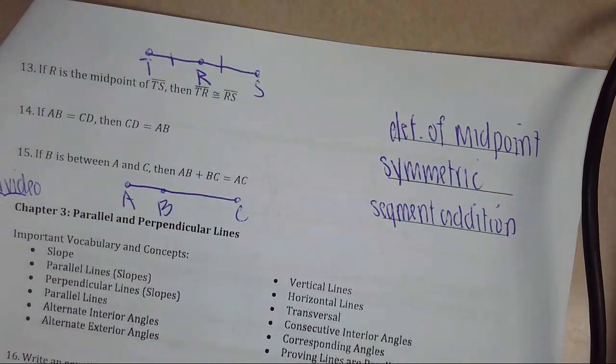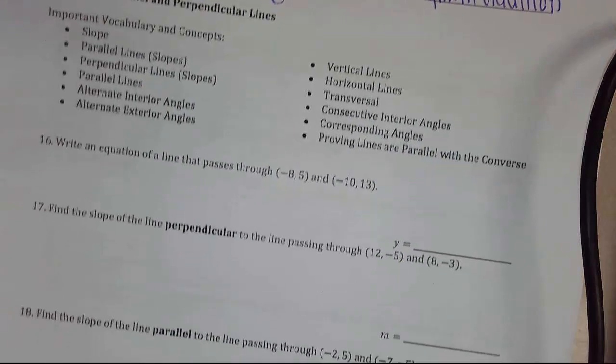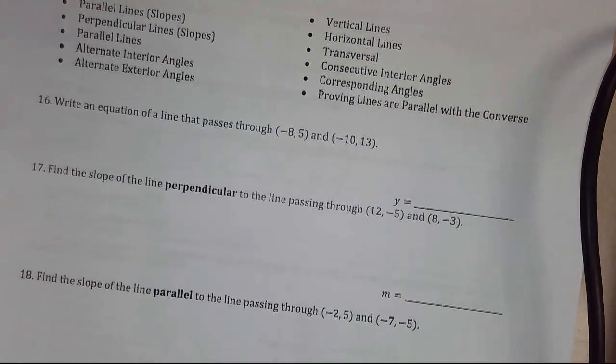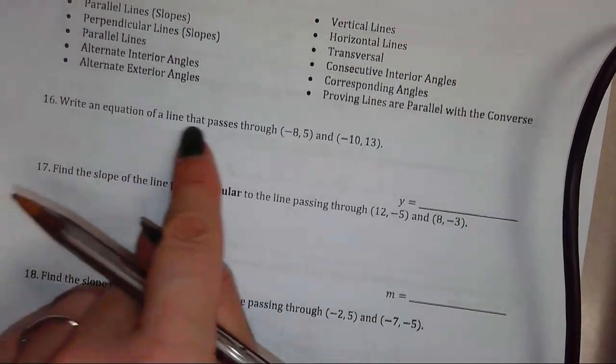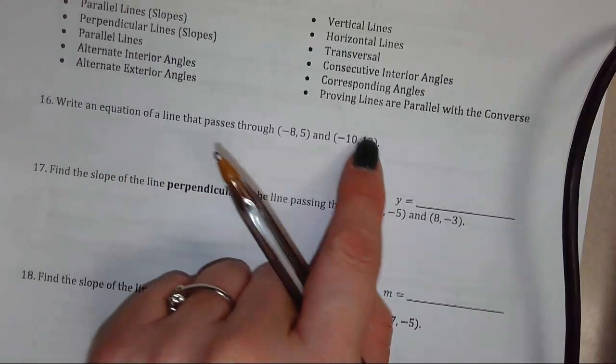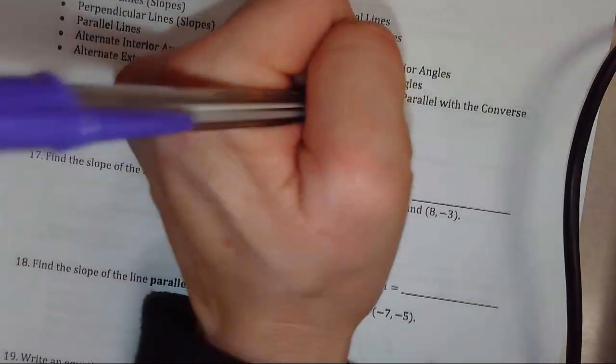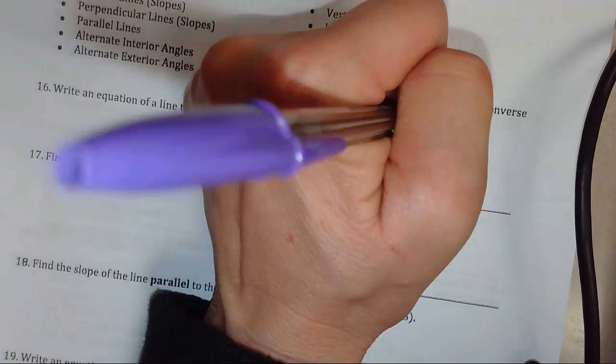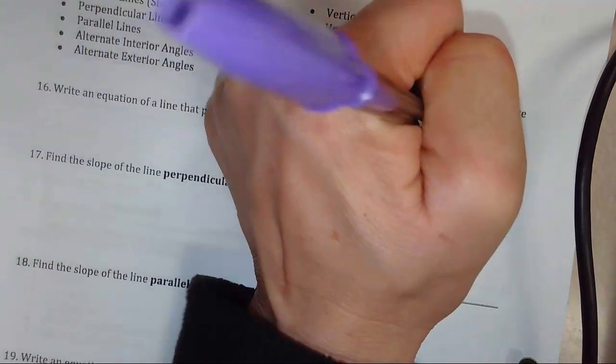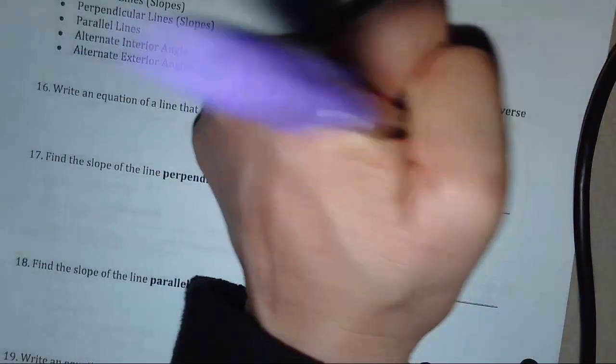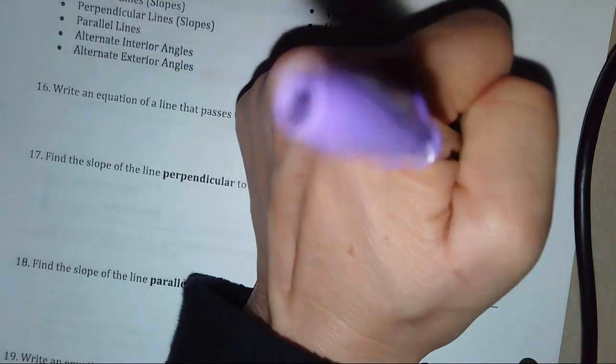All right, I'm going to move down to chapter 3 now, going a little bit past. But it says write an equation of a line that passes through these points. So the first thing we need to find is our slope. And that's y2 minus y1 over x2 minus x1.